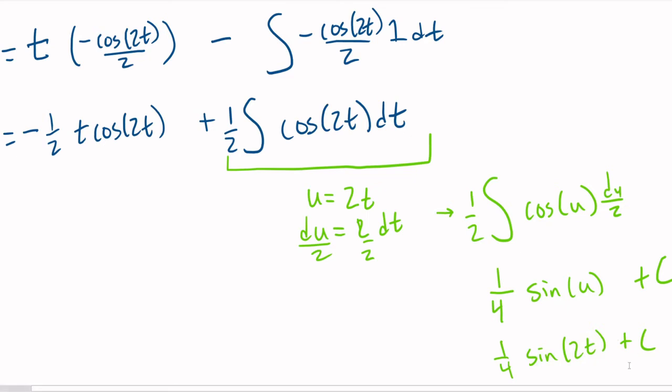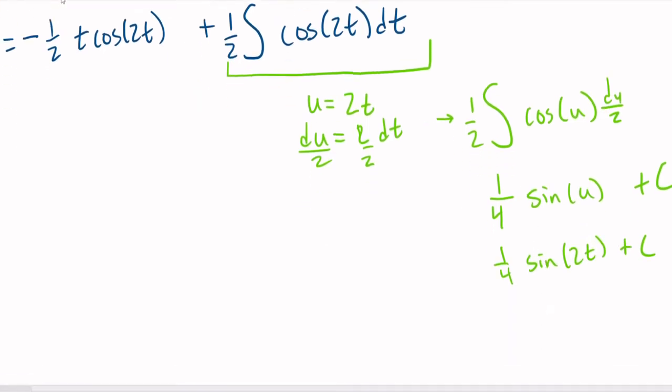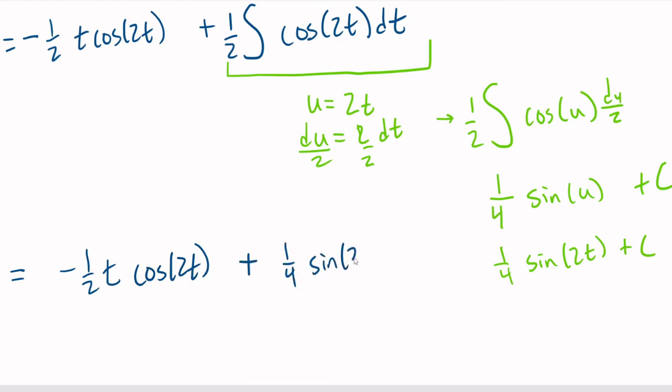Okay, now that was just that piece, right? So we got to bring it all together. So let's bring it all together. So we've got the integral equals negative 1/2 t cosine 2t plus 1/4 sine 2t plus c.